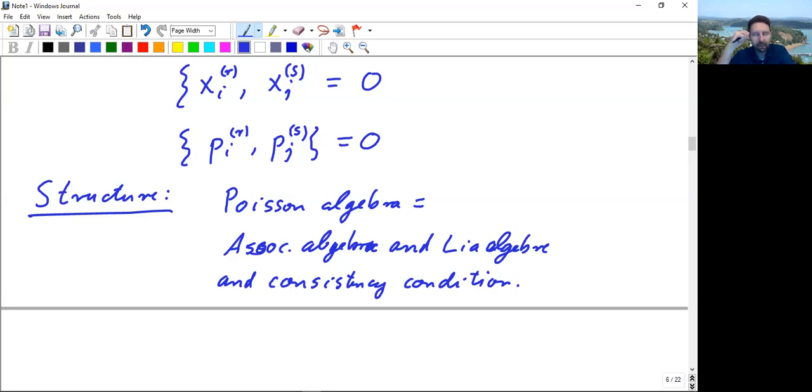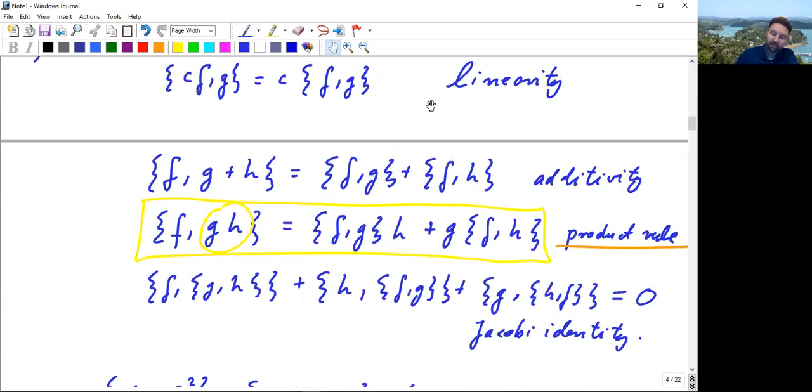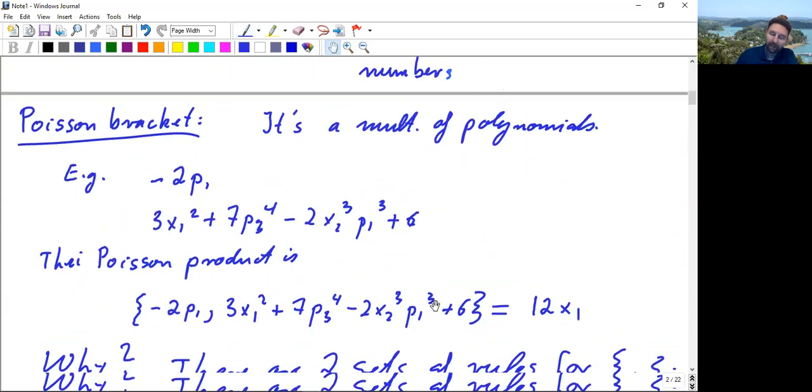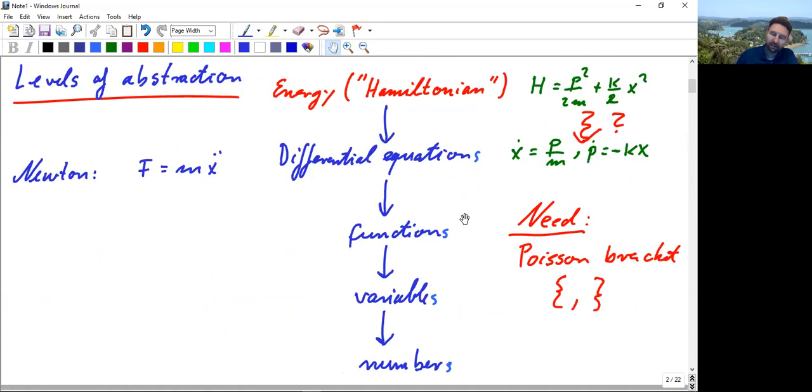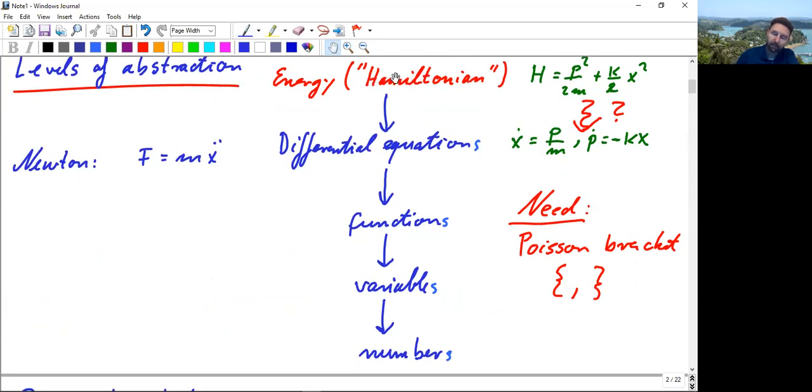It's meant to be a mathematical machinery, or a mathematical tool, to get us from Hamiltonians on the very top level of abstraction to the differential equations.